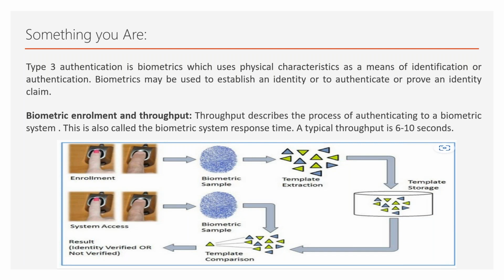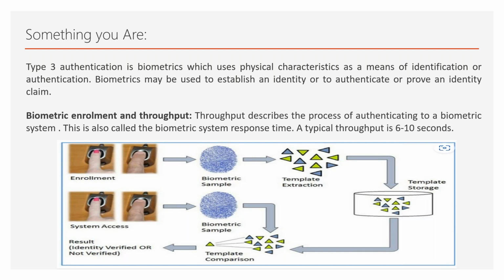So what happens in something you are? Basically you have something called an enrollment. When you do the first time enrollment, it scans and extracts each and every piece of information from your face ID or your enrollment, and then it extracts that sample and stores it in the template.